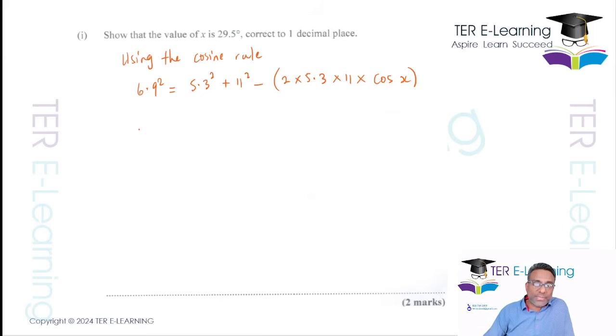that's 47.61. 5.3 squared, that's 28.09. 11 squared is 121, minus 2 by 5.3 multiplied by 11, that's 116.6 cosine X, right?